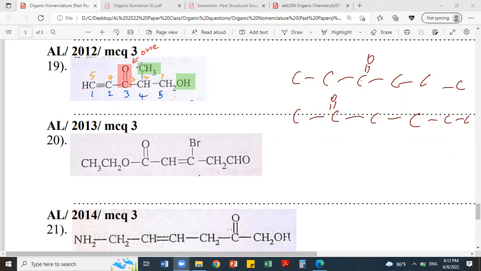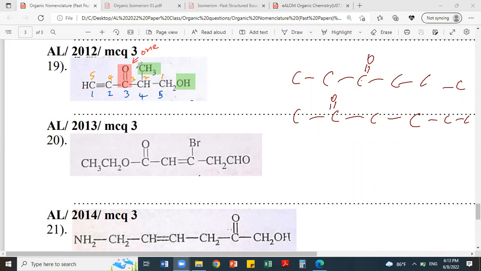So then we go for the next one. Next we give priority to the lowest number for the triple bond or double bond. When numbering, first we try to give the lowest number for the functional group. When there's more than one possibility, then you go for the double bond or triple bond to get the lowest number.